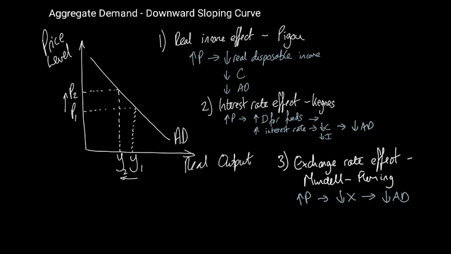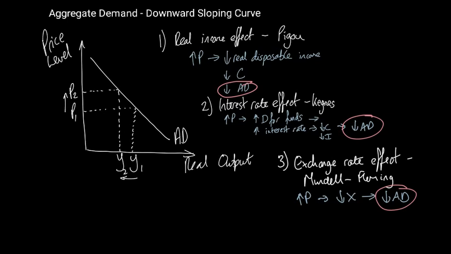So what we can see here is that in each case we start with the increase in price, go through a different chain of analysis each time, but end up in the same place: the increase in the price level leads to a contraction in the level of aggregate demand, a movement along the aggregate demand curve.